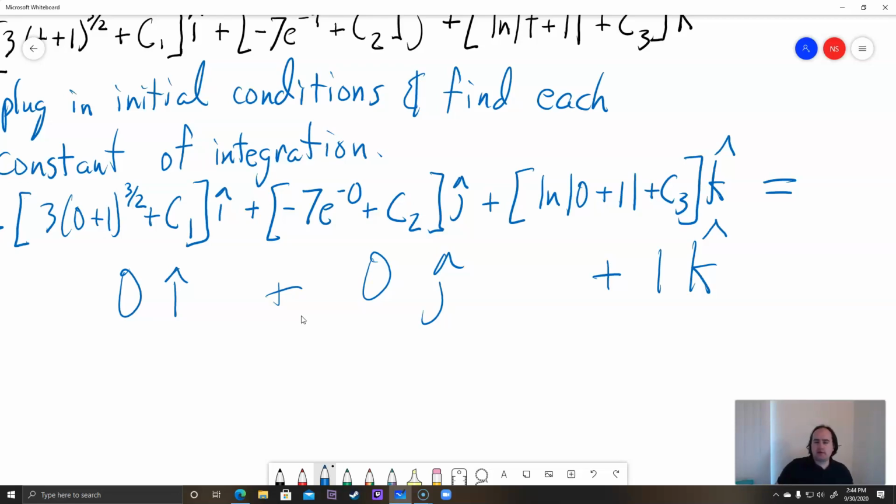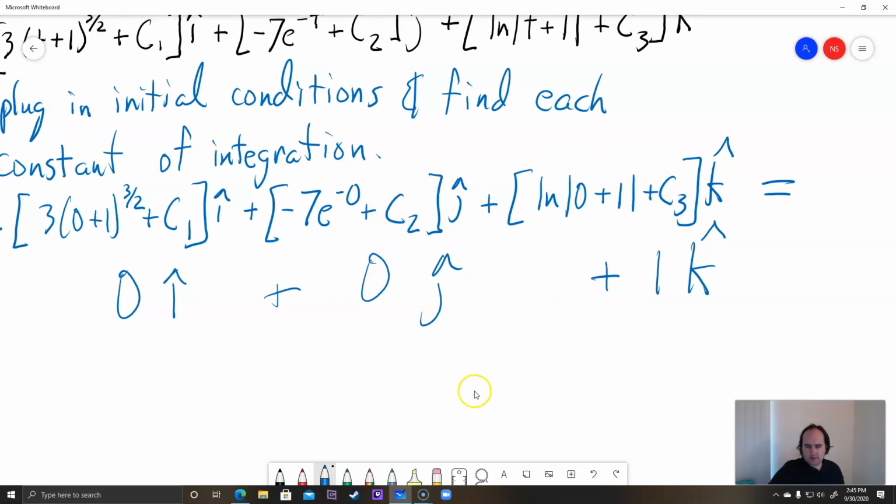Alright, and then what we're going to do is we're going to get 3 equations out of this. Remember, if 2 vectors are equal, that actually means each component is equal. So our first equation is going to be from this. Our second equation is going to be equating the second components. And then the third equation is going to be equating the third components.